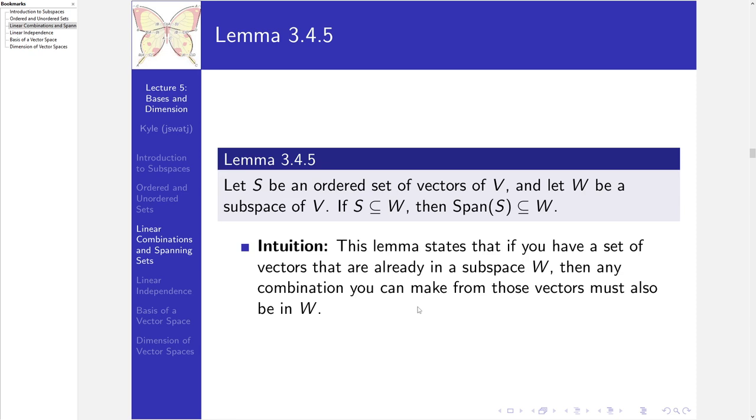And then this is a very standard linear algebra lemma. Let S be an ordered set of vectors in V, and W is a subspace of V. If S is a subset of W, then the span of S is also a subset of W. Which kind of makes sense. If every vector in S is in W, then we can combine any vectors and it will still be in W because W is a subspace.